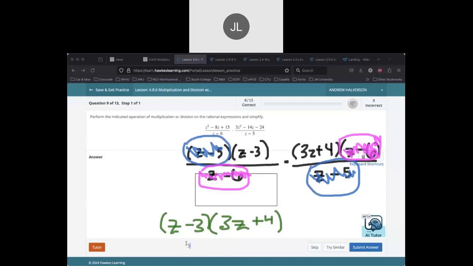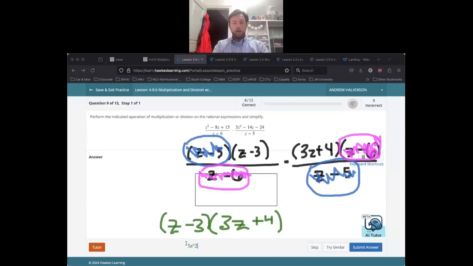So 3z squared plus 4z, that's outer, minus 9z, that's inner, minus 12, that's the last.